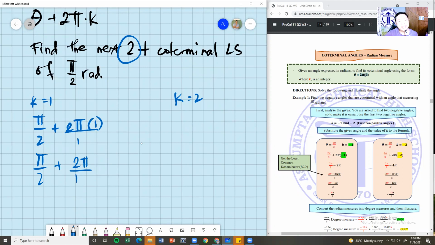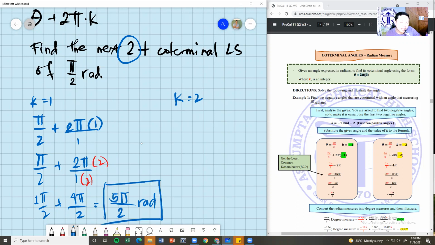So how will I make it the same? This one is 1, this is 2. I need to multiply both by 2 to make them the same. So this will become pi over 2 plus 2 times 2, that's 4 pi over 2. Now that they have the same denominator, I can now add them. So that's 5 pi over 2 radians. That is the first coterminal angle.